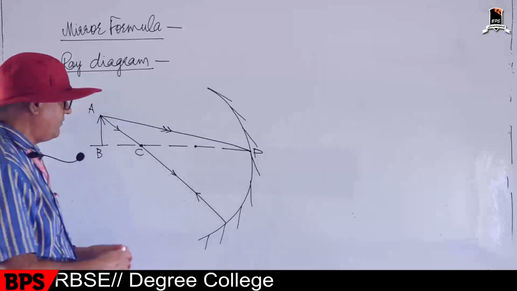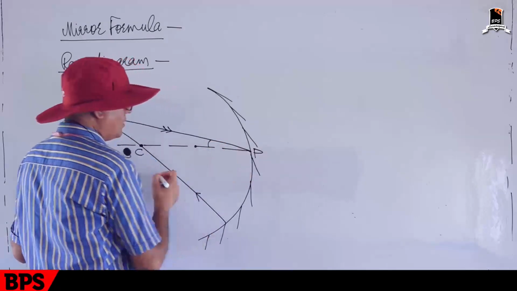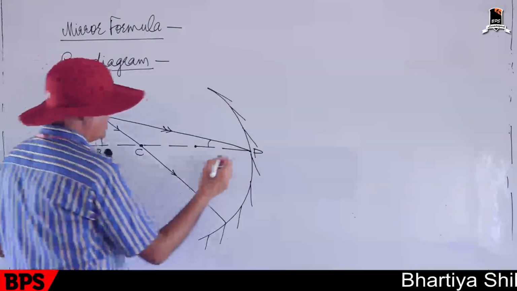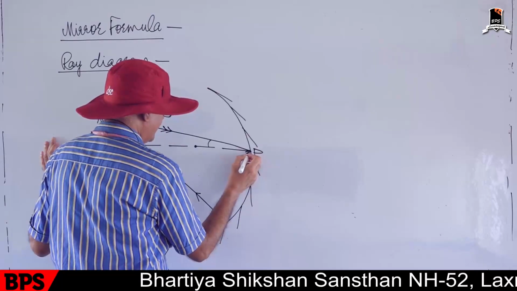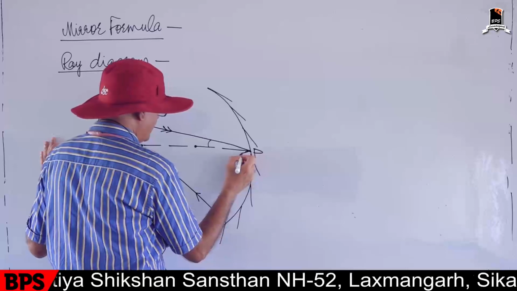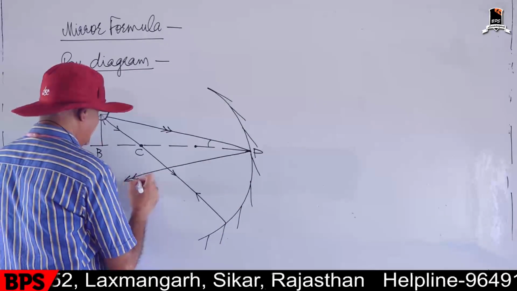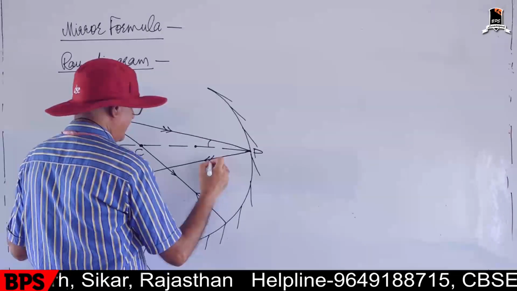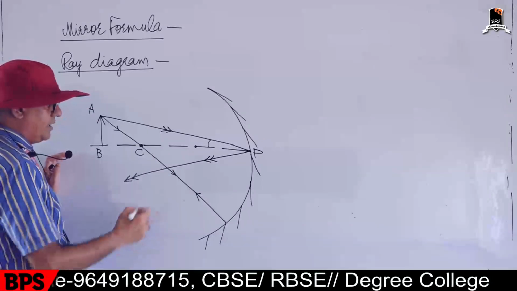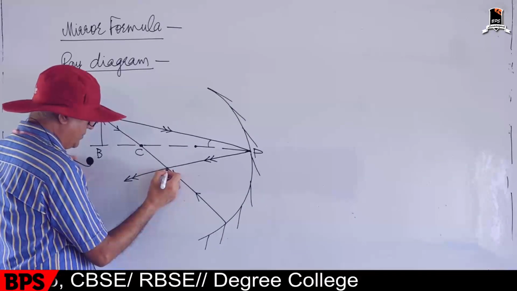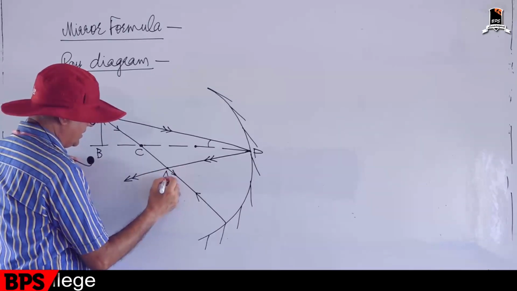We know that if this angle is i, then the reflection angle must also be equal to i. So, the reflected beam will go at the same angle on which this ray is incident. So, this will be the reflected beam, and the intersection point of these two rays will be the image point of this point A. We term this point as A dash.